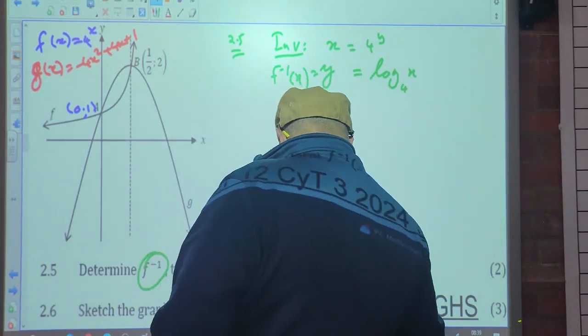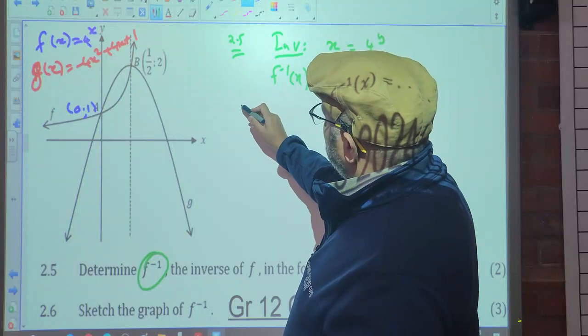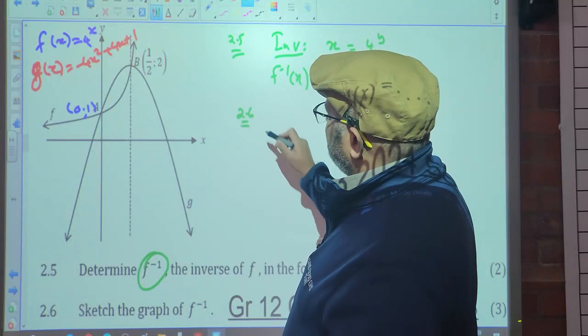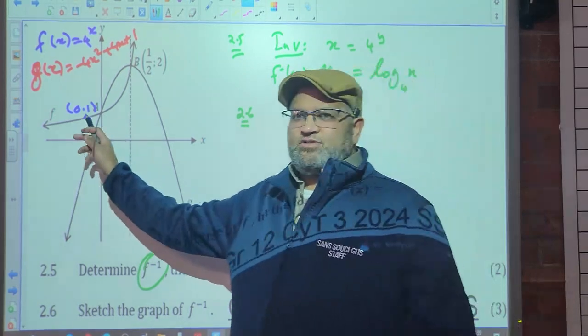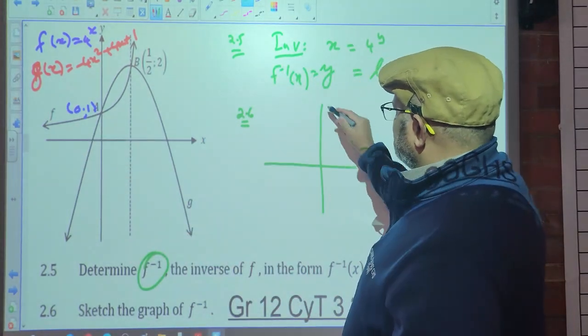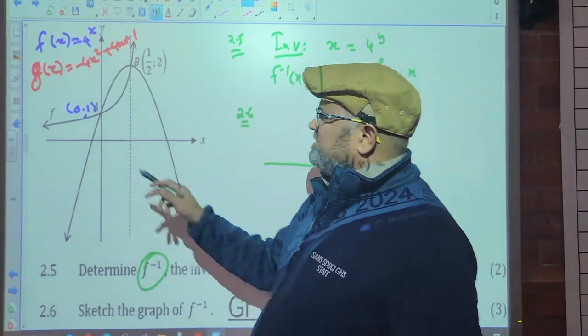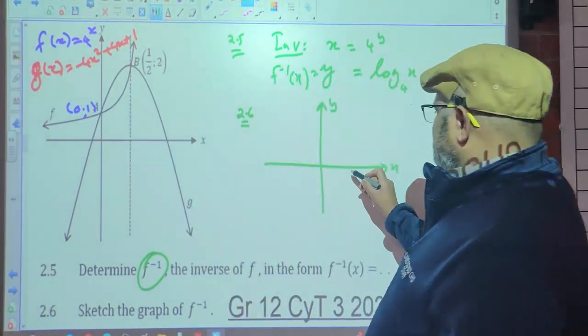Now they ask you to sketch the graph of the inverse function. This is 2.6. So remember, this is the function. So what do we do for the inverse function? We interchange x and y. So if this is 0 and 1, it becomes 1 and 0.